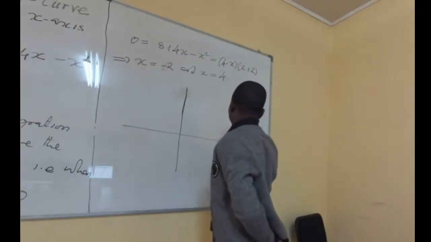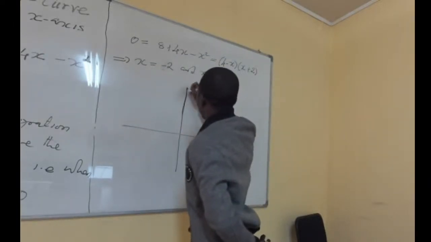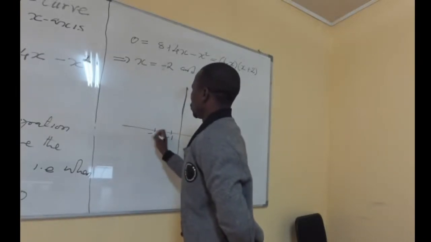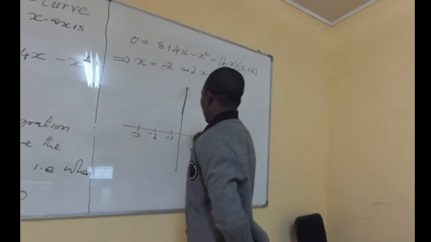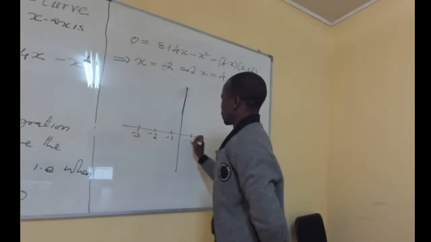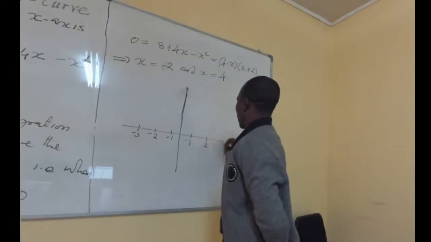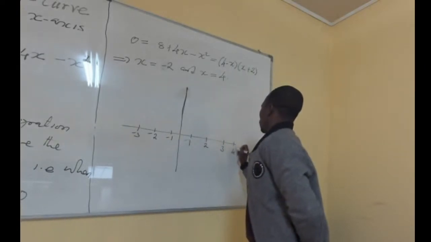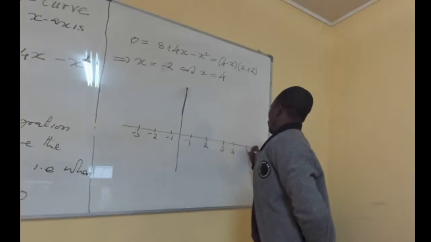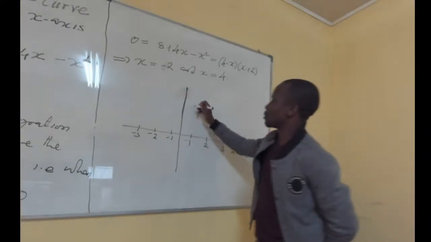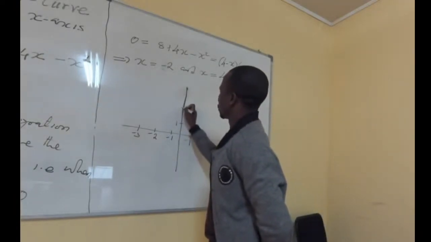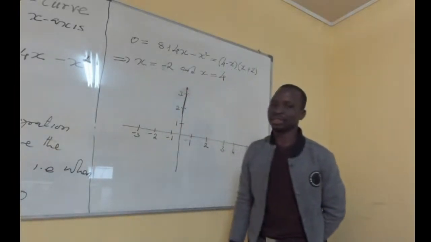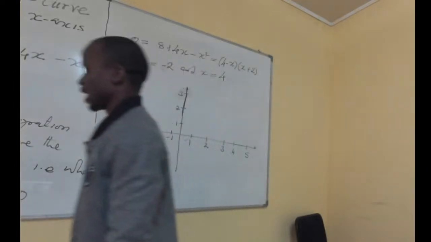If you recall, we have negative 1, negative 2, negative 3, then 1, 2, 3, 4, and 5. Now, what is our turning point? Please, can we compute it first? We find our turning point.